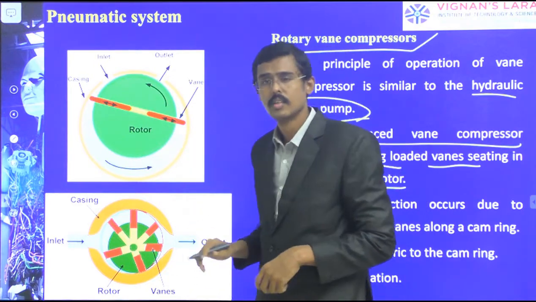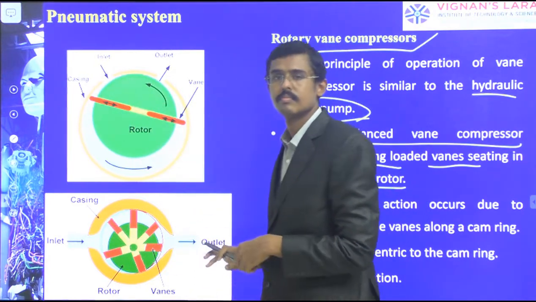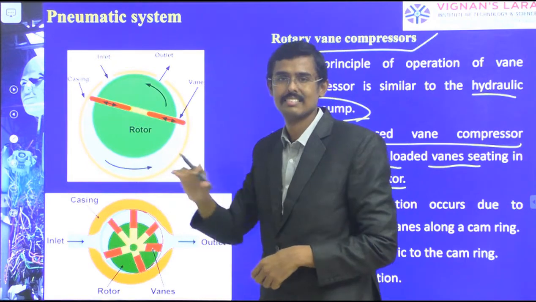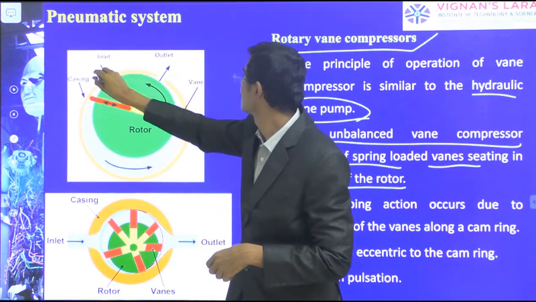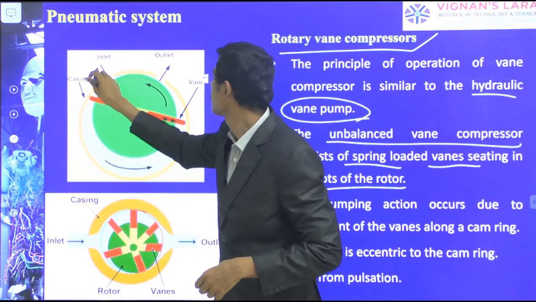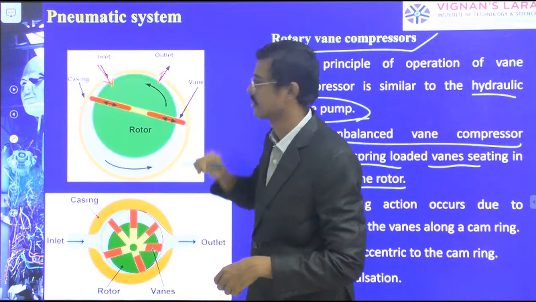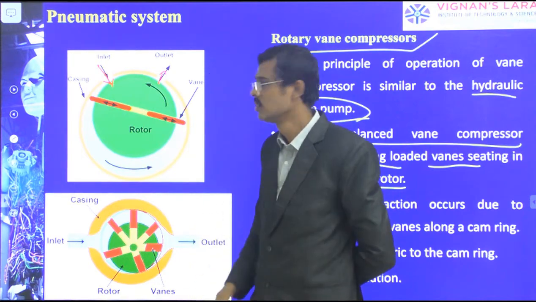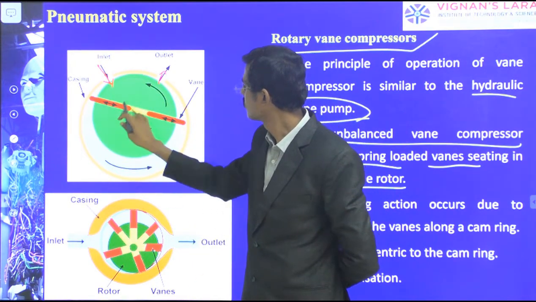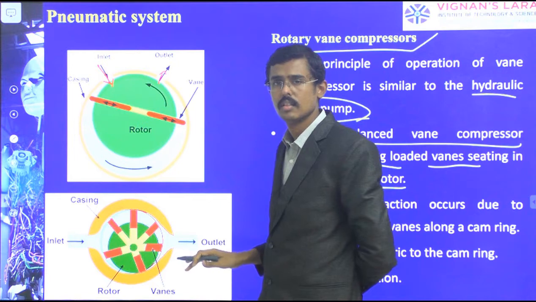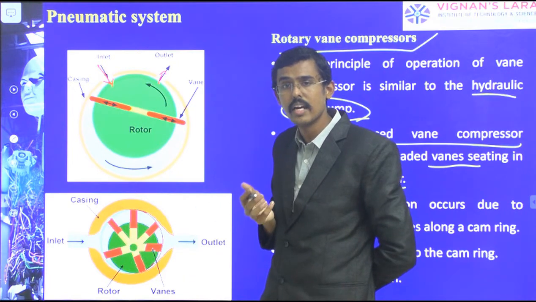You see, a cylinder, a tank which contains the inlet and which contains the outlet. Now, here this rotor is going to rotate, but how is this rotor made?